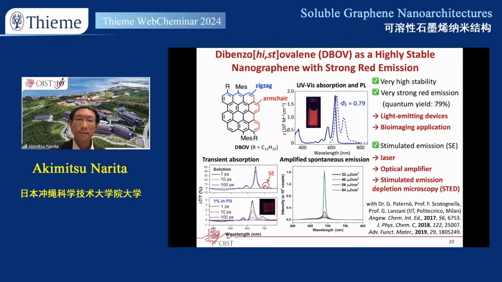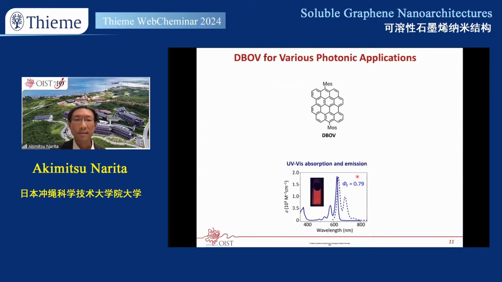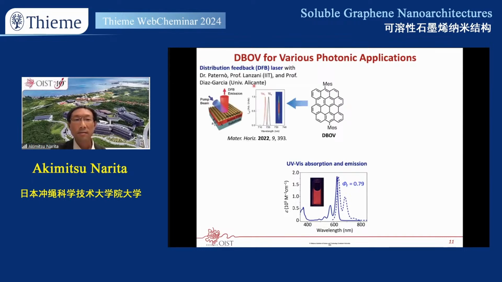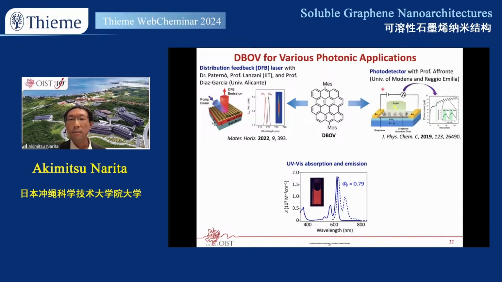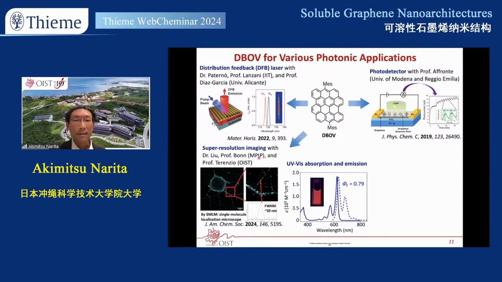And we are using graphene for various applications. Based on this strong emission, we achieved the lasing together with Diaz Garcia, and we made a photodetector with Professor Affronte in combination with graphene. Our institute has many neuroscientists, and I collaborated with Professor Marco Terenzio recently to apply such nanographene for bioimaging, and in super resolution, also working together with Dr. Xiaomin Liu and Dr. Sapun Parekh at MPIP.